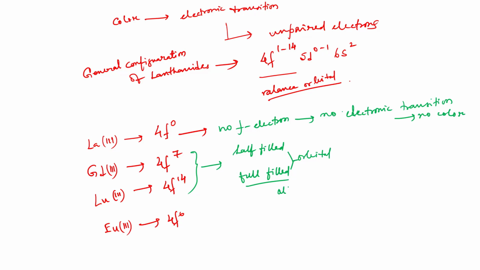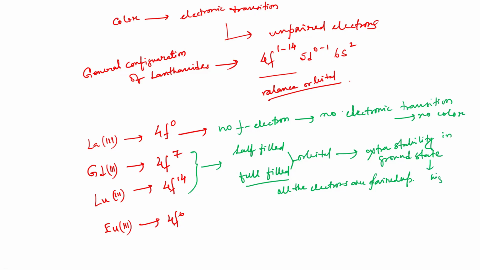Here all the electrons are paired up. Here the electrons are not paired up, but it has attained a half-filled orbital configuration, thus extra stability. In the ground state, high energy is required for electronic transition.